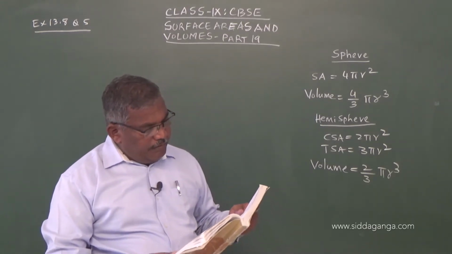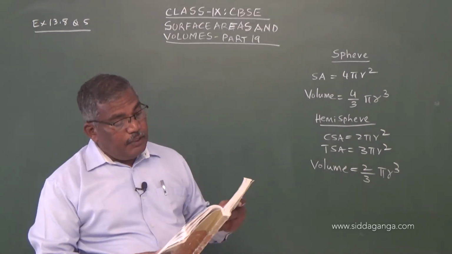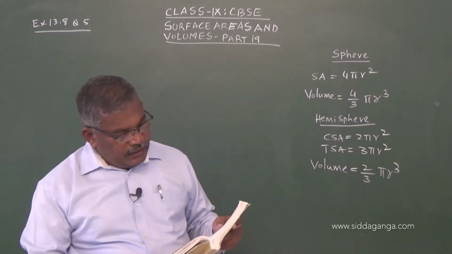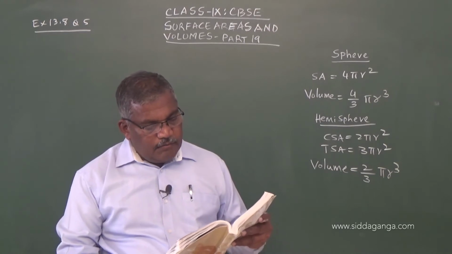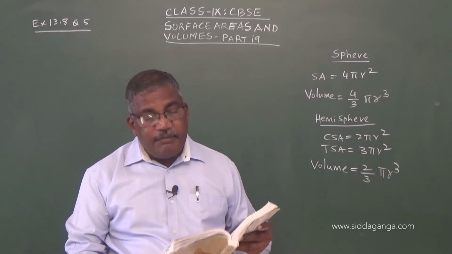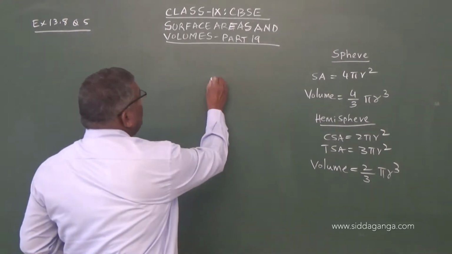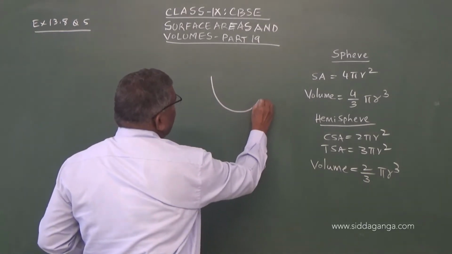Question number 5, please refer to page 236. How many liters of milk can a hemispherical bowl of diameter 10.5 centimeter hold? The hemispherical bowl will be of this shape.